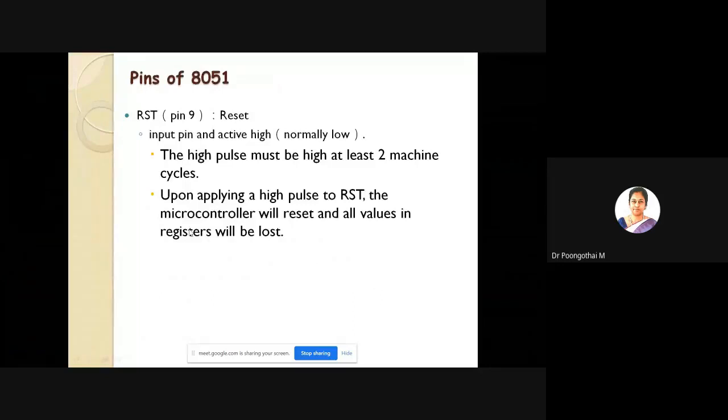So the next pin is the reset pin. This pin is an input pin and is active high. It is called power on reset. When the reset pin is activated high, your microcontroller will reset and all the values in the registers will be cleared except your stack pointer.